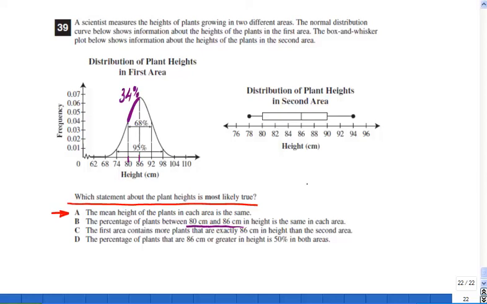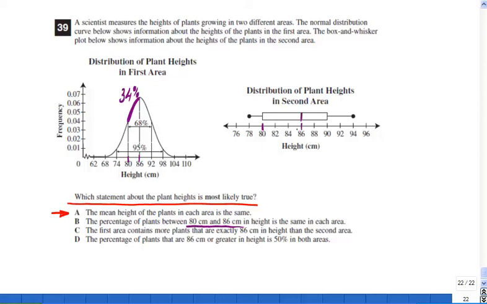Okay, well, let's move on to the second area. Anyway, second area, we have what? Plants between 80 and 86. 80 and 86 will be from here to here, right?